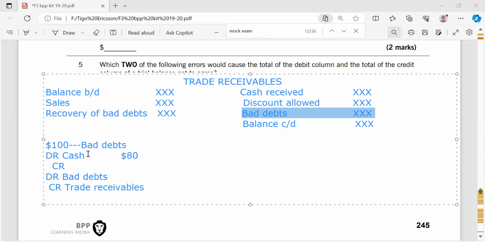So in case this wasn't cash, I would say that initially I debited the bad debts account, I credited the trade receivable. So I would go to the bad debts account and credit it by $80.